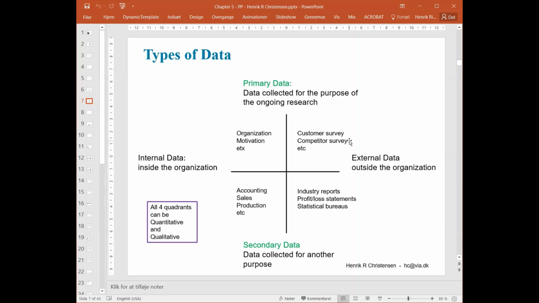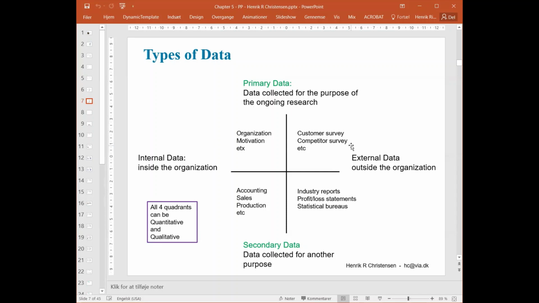So this defines 4 different kinds of data that we will be facing. And it's important to remember that when we have a project, we go through these 4 quadrants to say, in order to solve our project and honor the research question and find the correct data for our research objectives, in order to make the analysis and discuss and come up with the evaluations, are there any primary data that we need to collect, either internally or externally?